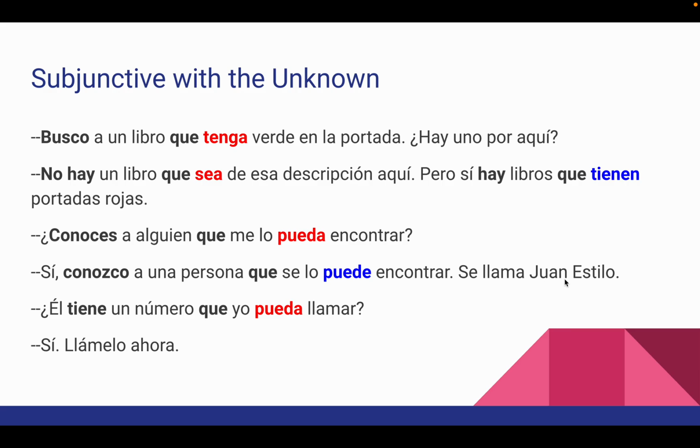Se llama Juan Estilo. Él tiene un número que yo pueda llamar. Does he have a number that I might call? Sí, llámelo ahora. Yes, call him now. So those are some examples of the ways that the subjunctive might be used in a conversation or a certain context that we've looked at in this video. And that is the subjunctive with the unknown.